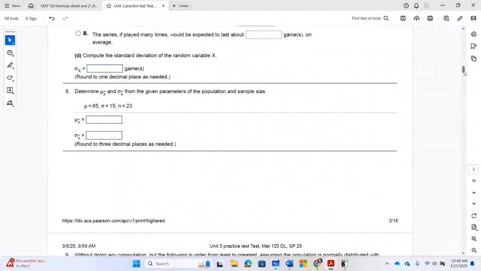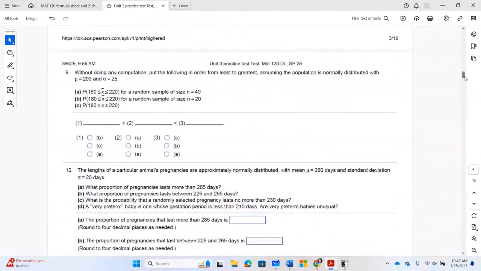Let's go to number 9. Without doing any computation, put the following in order from least to greatest. Why would they ask you to put it in order from least to greatest? Because the higher the sample size, the more normal the data is. So if it's the one with the smaller sample size, then it's going to be small.